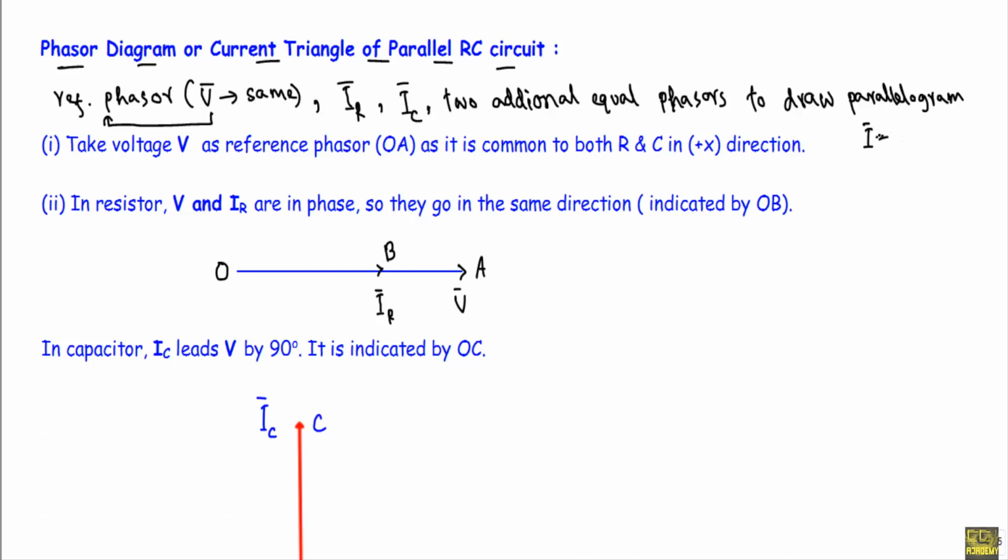Okay, now see, take the voltage V as reference phasor. We will indicate that V as OA, as it is common in both R and C. We will take OA in the X direction.